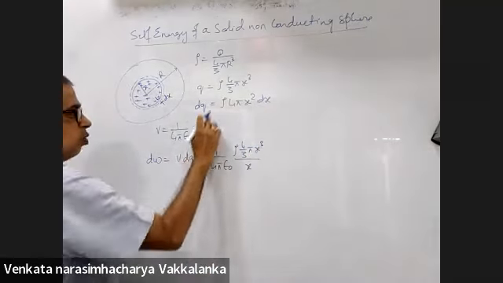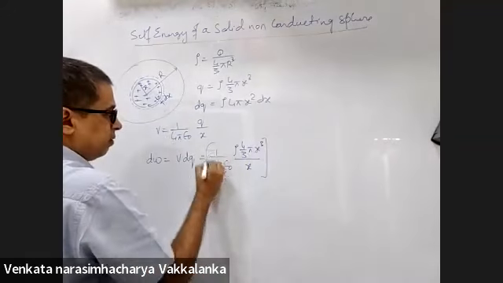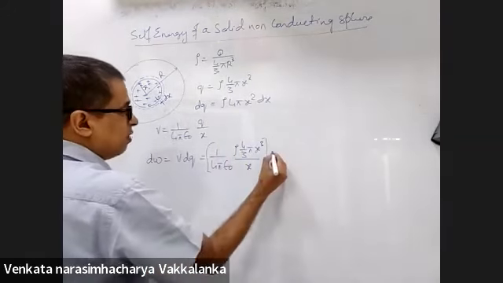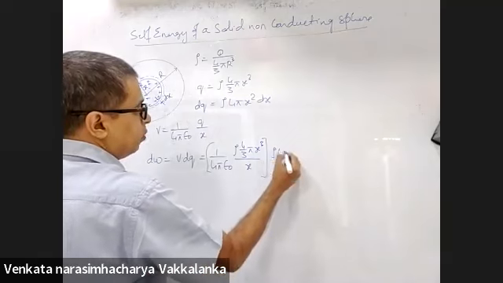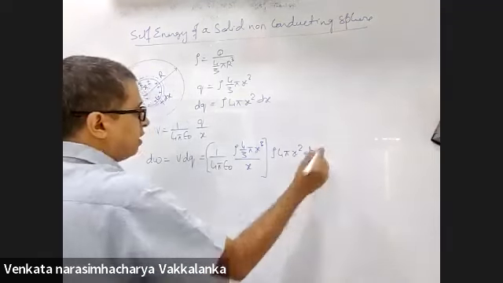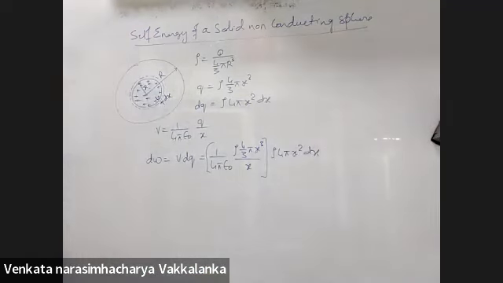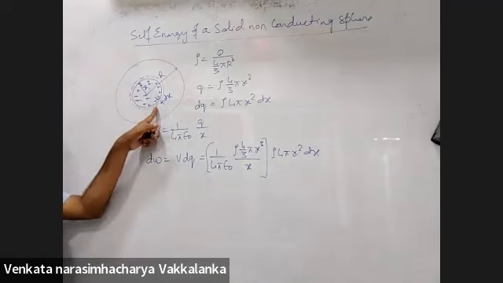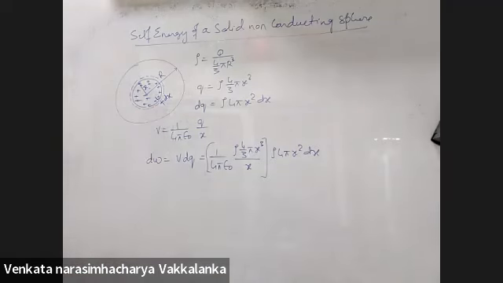This is V. dq I will substitute as rho into 4 pi x square dx. This is the work done in bringing dq charge onto the surface of the sphere.